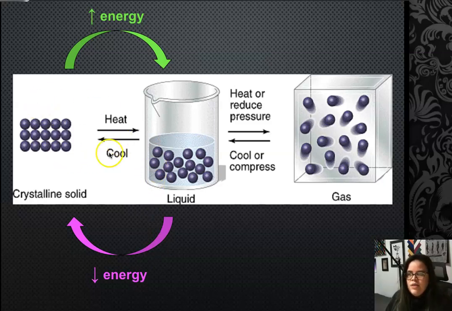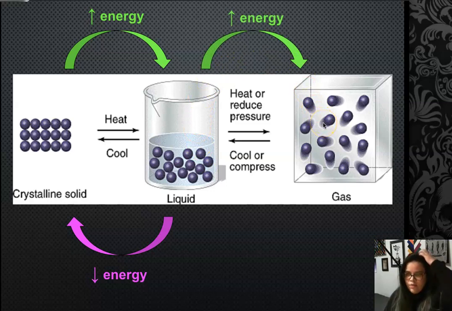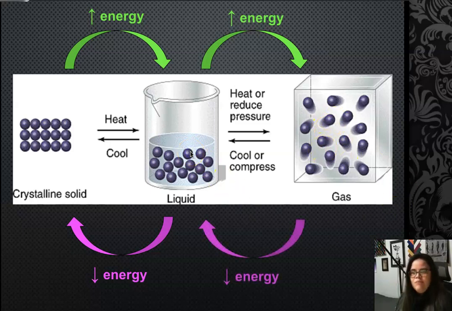These are going to be the ones we focus on first, but then we're also going to look at how to go from a liquid to a gas, and same thing, because we have particles that have higher amounts of energy, you have to add energy to the system. If we want to take gas and turn it back into a liquid, particles have to slow down by releasing energy from the overall system.